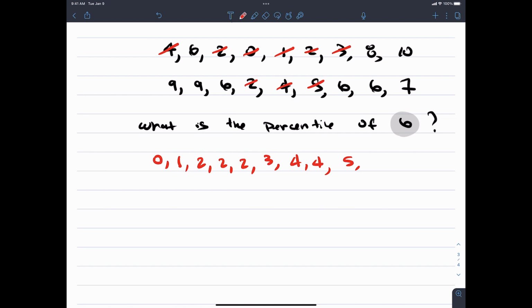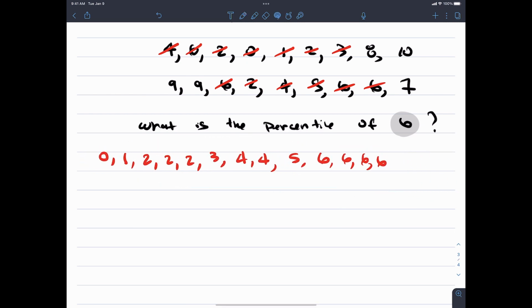How many 6s anyway? 1, 2, 3, 4. And then how many 7s? 1 7. And then 1 8. How many 9s? 2 9s. And then 1 10.